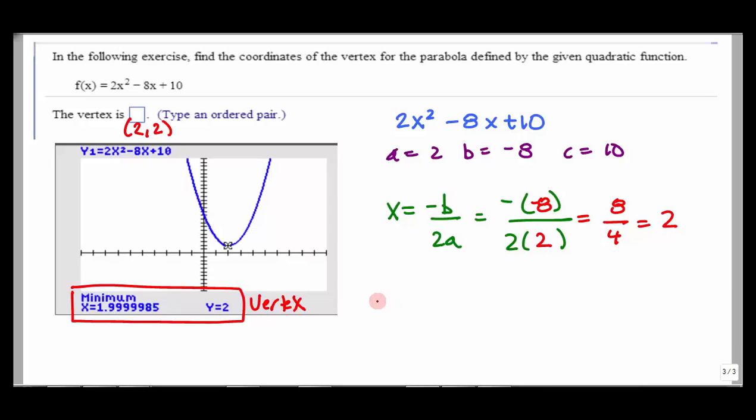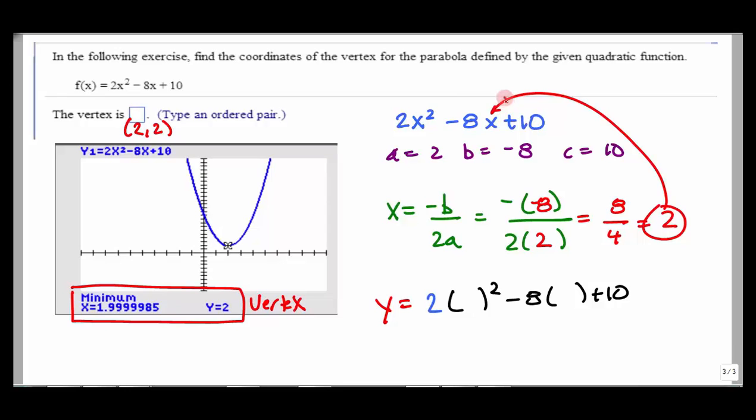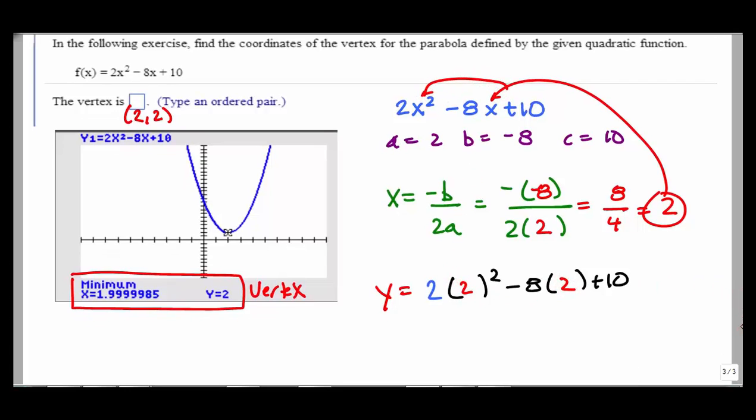And then to figure out what y is, I plug 2 back into my original. So everywhere that there's an x, I plug in this value of 2. So I come up here, I plug 2 in here and here. You could also go back to your calculator and plug that in, or use your second table function and just look up 2 on your table and it would tell you that as well.